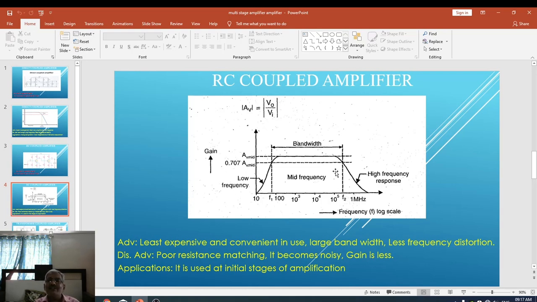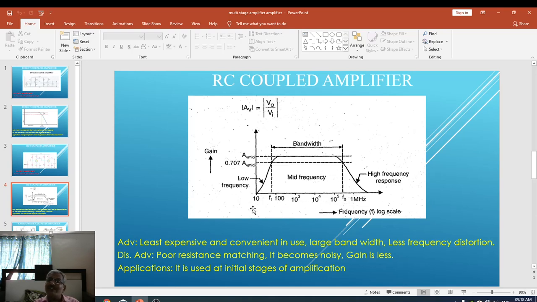After that, even though the input frequency is increased, the output voltage and the gain of the amplifier decrease. The region in which an increase in frequency decreases the voltage gain is known as the high frequency region.